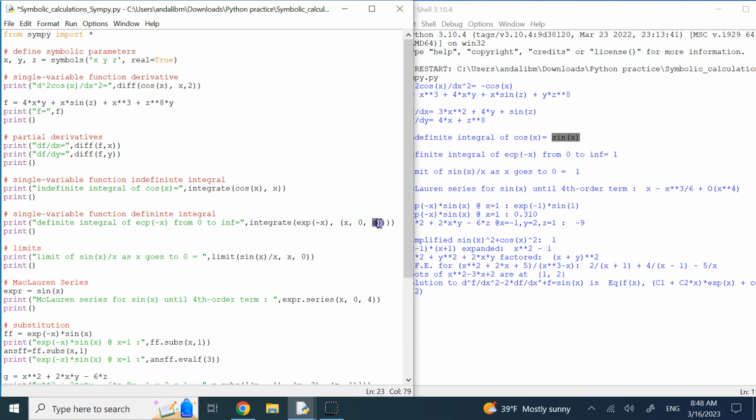This OO is basically a symbolic for infinity. And as you can see, I passed the input argument as well as the upper and lower limits all in a single parenthesis, because this integrate function expects two inputs. One is the function, one is the rest.